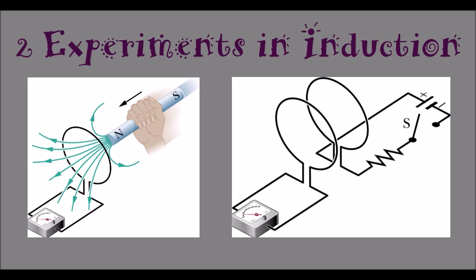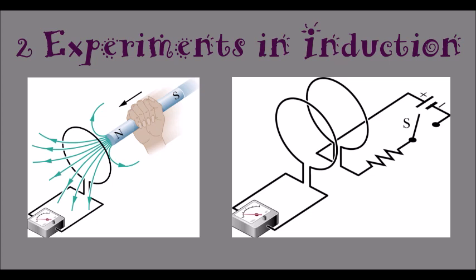Let's now think about the experiment that would correspond to the diagram on the right here. This time we don't have a permanent magnetic field that is being moved closer to or further from a loop, but instead we have a separate circuit with a switch and a battery and a resistor and a loop itself.